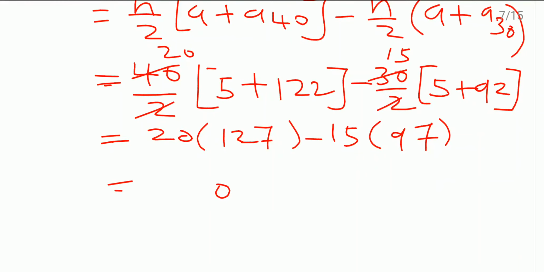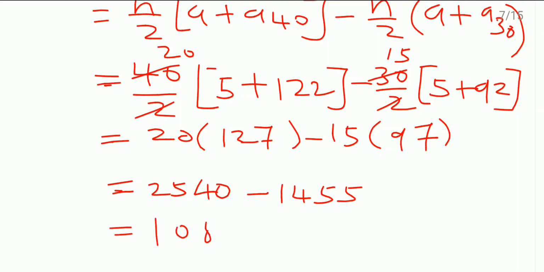This 0 will be as it is. 7 2s are 14, 4, 1 carry, 2 to the 4 and 1 5, and this is 2. 2540 minus 15 into 97. It comes as 1455. Okay, so the subtraction of this one comes as 1085. If we do the subtraction, we get this answer, right? So in this way, we get the sum of the last 10 terms as 1085.